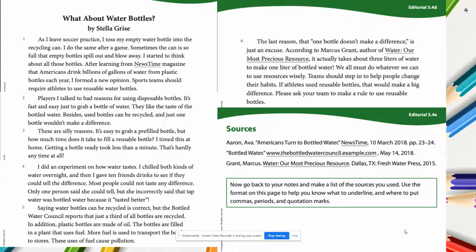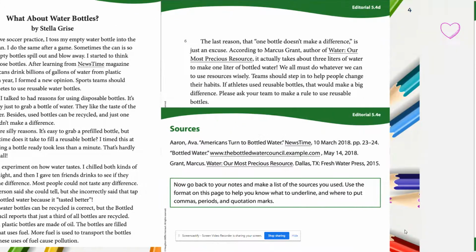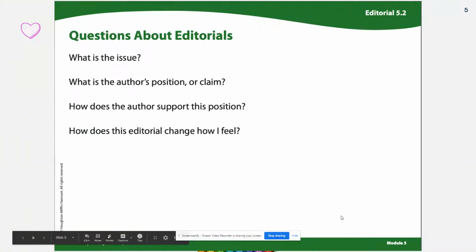I want to ask you a few questions. Make sure that you have the editorial we just read in front of you. What is the issue? What is the issue for this editorial we just read?